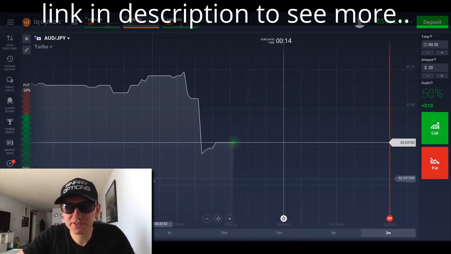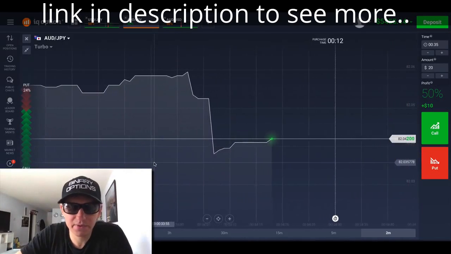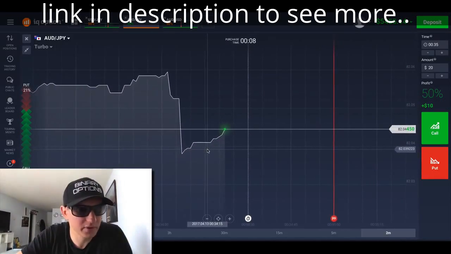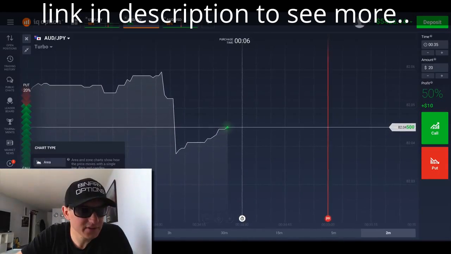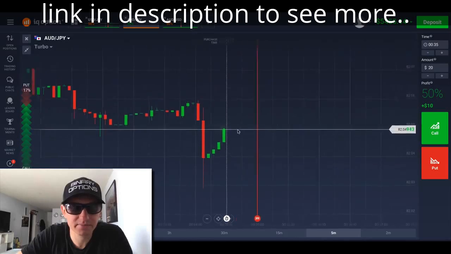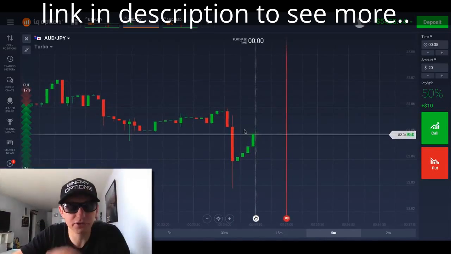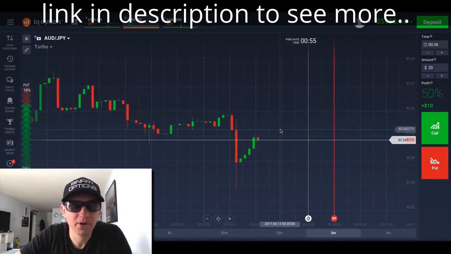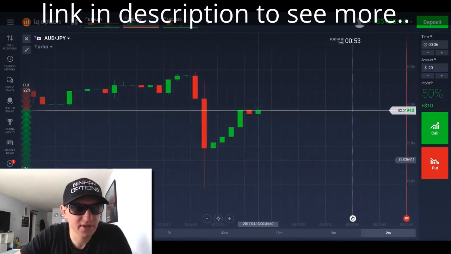So let's proceed and set up the proper trading settings. I'm gonna switch to the candlesticks. So for the newbies, I know that there are some people over there that don't know what those candlesticks mean.